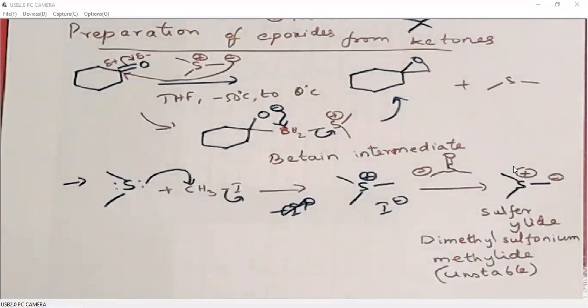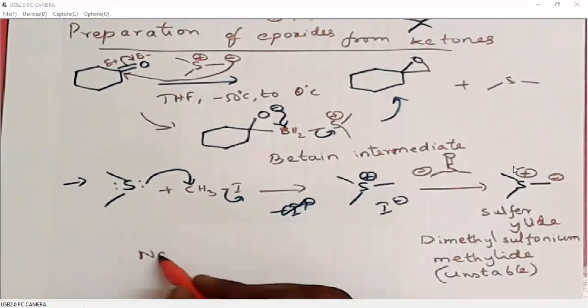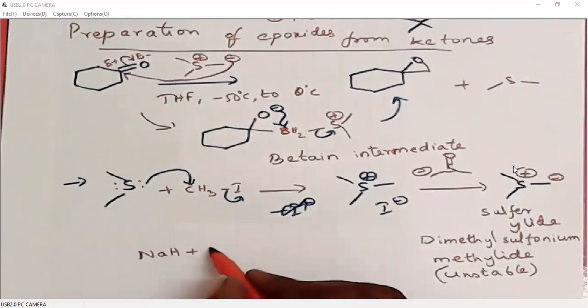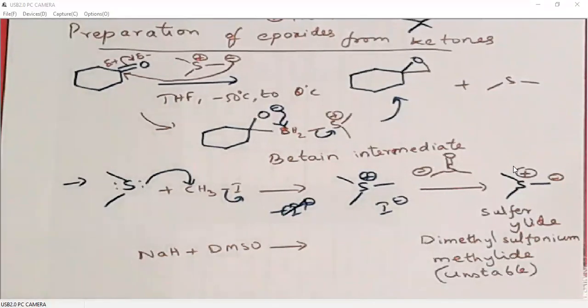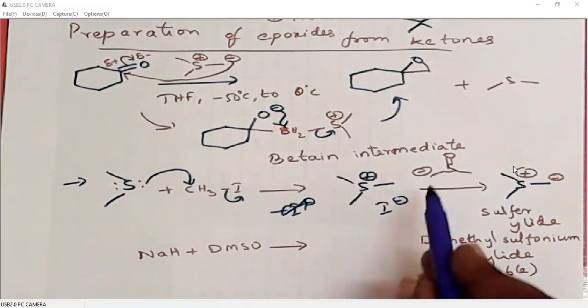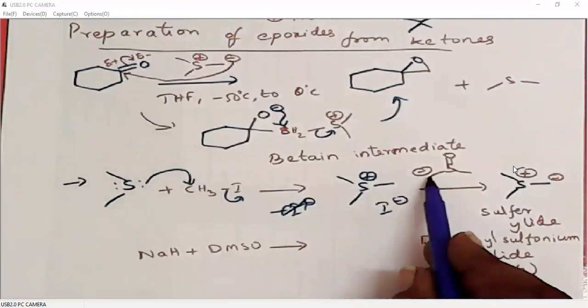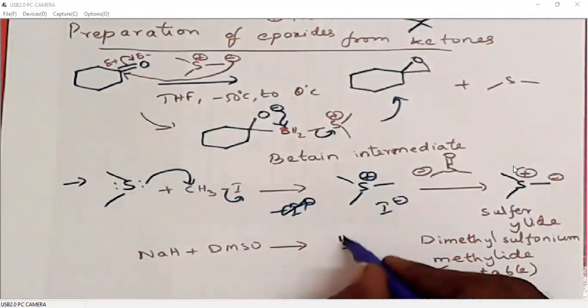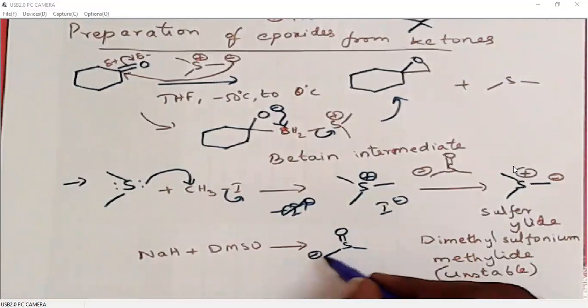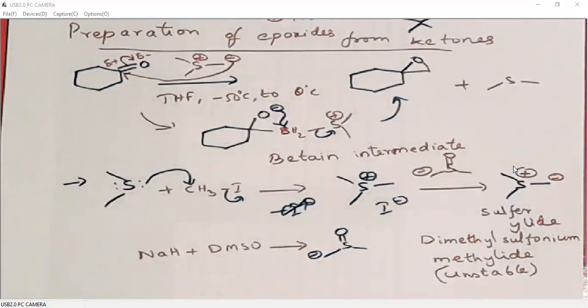DMSO anion can be easily generated by treating DMSO with a strong base like sodium hydride. Sodium hydride, H minus, will pick up a proton from one of the methyl carbons, so it becomes an anion, DMSO anion.